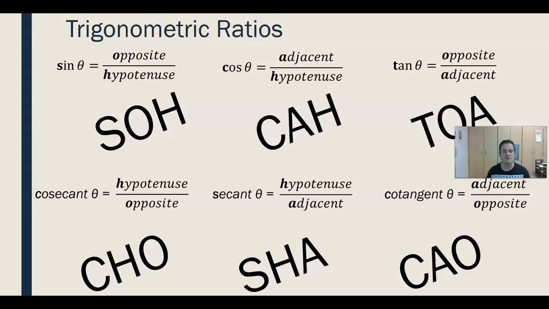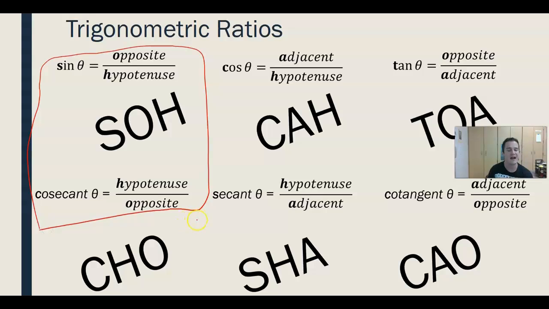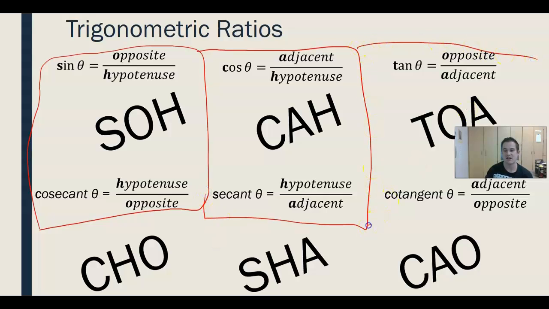Okay, sometimes we get intimidated by these because we're so used to SOHCAHTOA, but never fear. Sine and cosecant are opposites of each other. Cosine and secant are opposites of each other. Tangent and cotangent are opposites of each other. So sine is the opposite side divided by the hypotenuse side.